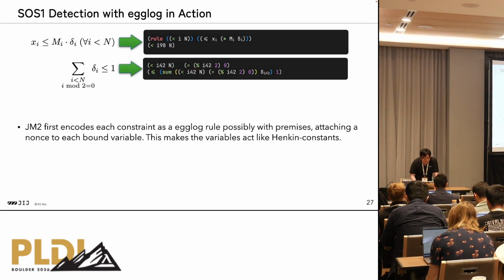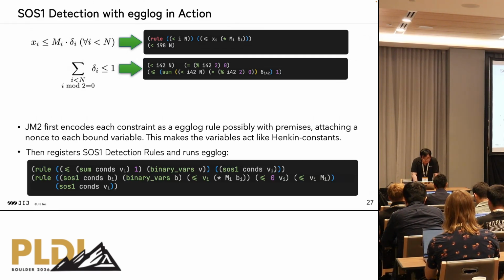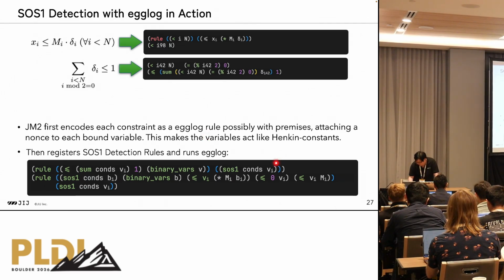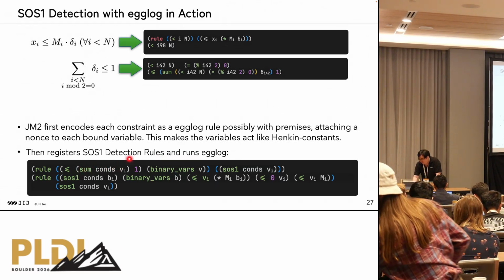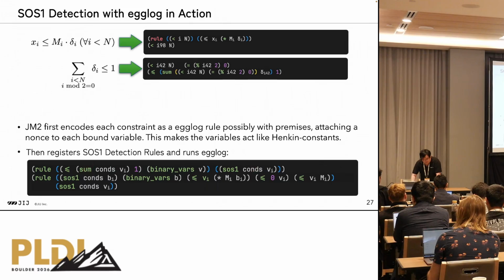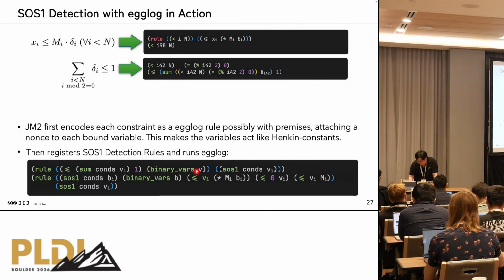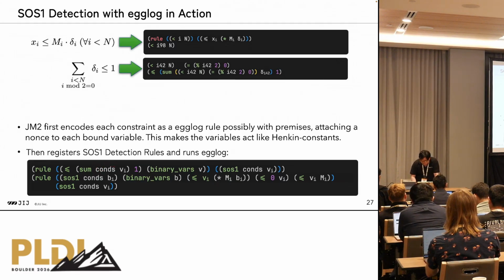So then we register the SOS1 detection algorithm's rules and run Egglog. The first rule just declares that for binary variables, if the summation is at most 1, then it is SOS1. And the second one combines binary variable SOS1 and upper bound constraints and lower bounds to get general SOS1s.